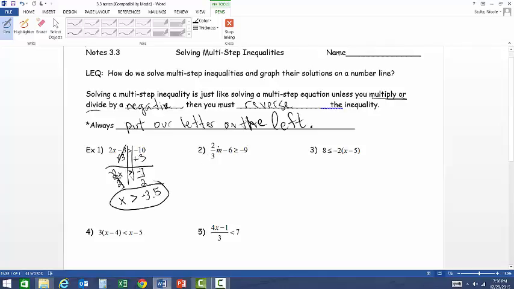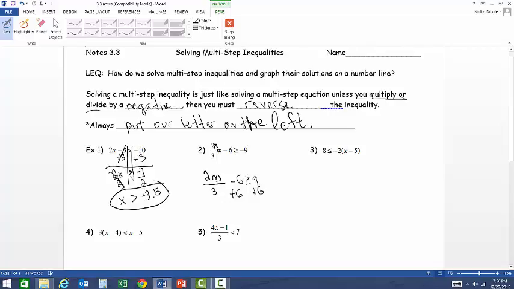For number 2, keep in mind this little trick we learned with the fractions. You can take the side item and pair it up with the top. So we're just going to rewrite it like this. The first thing we always want to do is get our fraction alone. So we're going to undo subtracting 6.